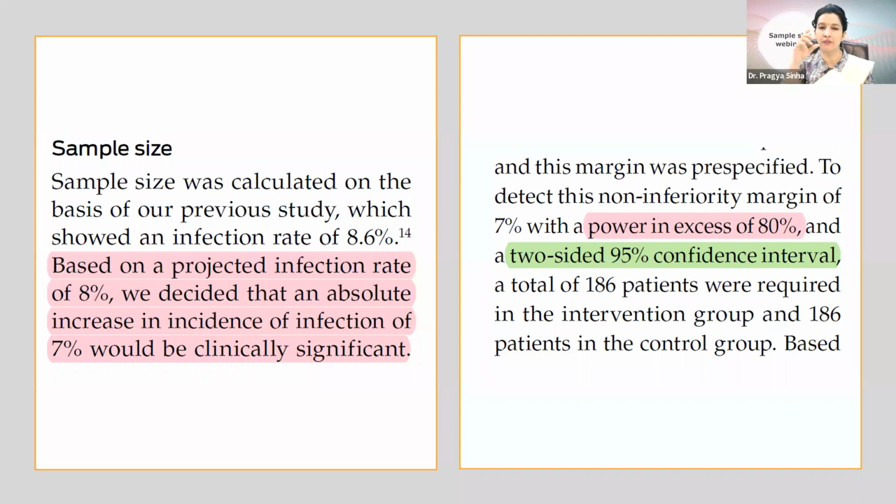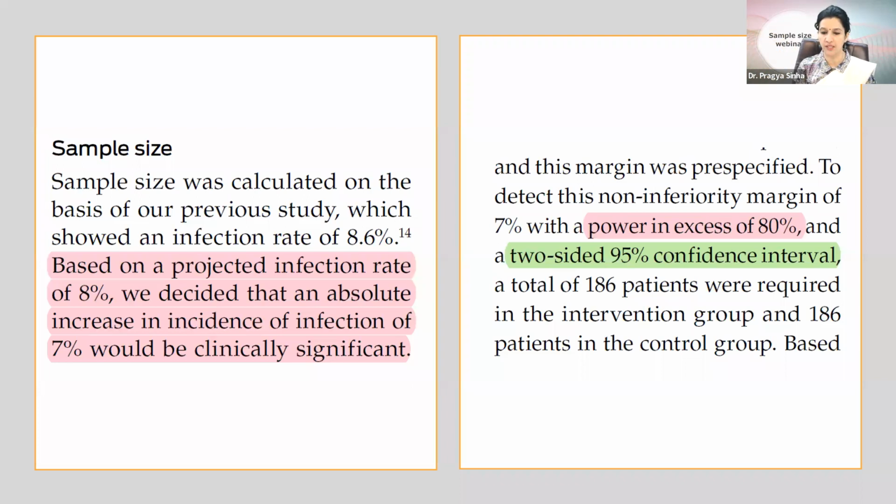That is the non-inferiority margin you are keeping, at 7%. Because even if there is an increase of 7%, considering all those logistic issues, you can still propose that for minor surgery, one can use the non-sterile gloves.